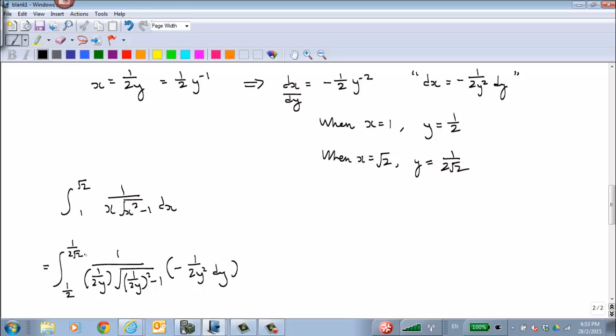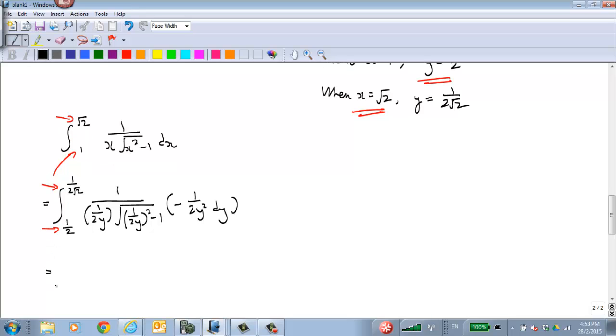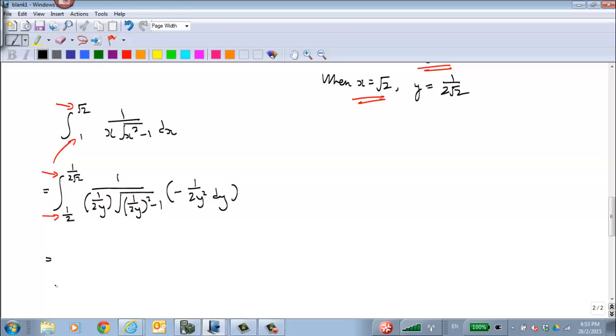So what do you mean by position? Because the corresponding value for x equals 1 is y equals half, and the corresponding value for x equals square root 2 is y equals 1 over 2 square root 2. Never ever replace the lower and upper limit by its numerical value. Replace by position.